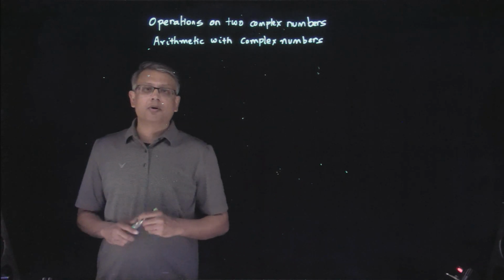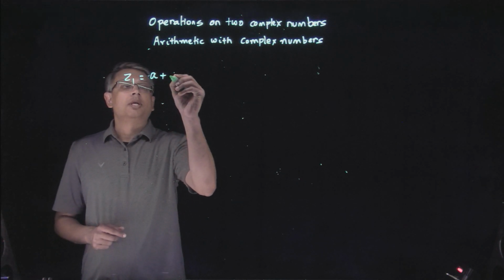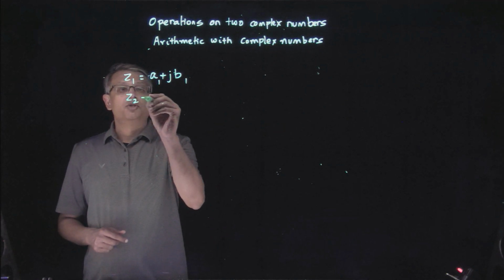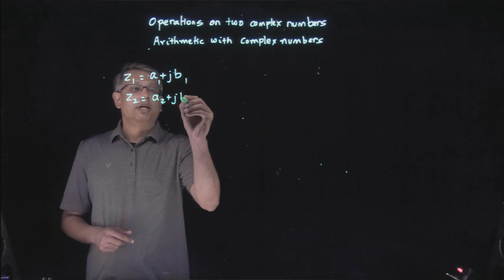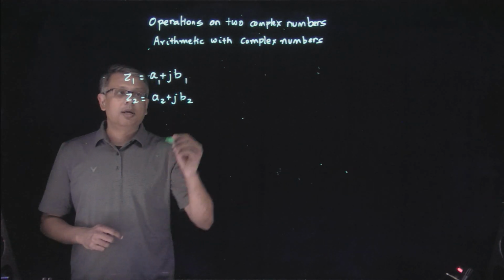You may have seen this before, but let's say we have two complex numbers, z1, which is a1 plus j times b1, and z2 is a2 plus j times b2. And let's say that's the Cartesian representation for z.